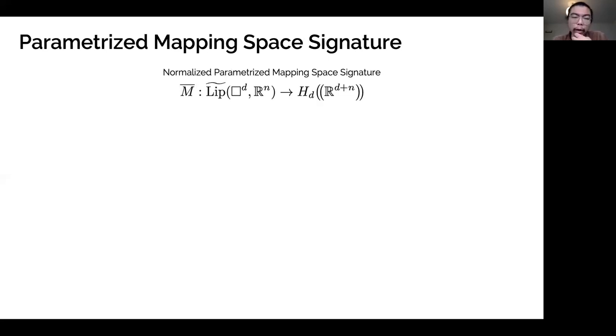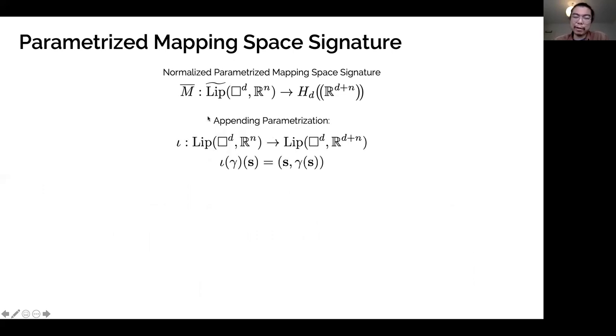And furthermore, we can once again talk about a normalized parameterized version of this, where what I mean by parameterized here is that we're taking these Lipschitz maps and appending the parameterization to the underlying map. So I'm extending these Lipschitz maps in Rn to some map in R^(d+n).